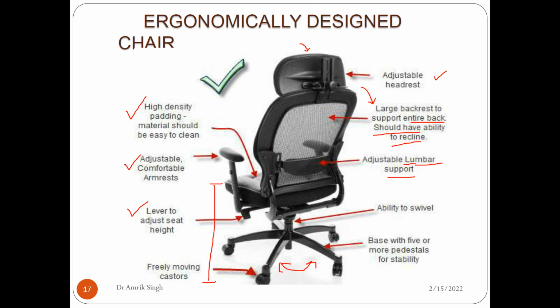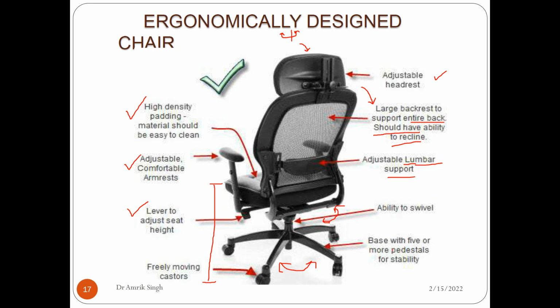You know that there is a lumbar bone in our backbone. That is very important for keeping our back straight and comfortable. So this adjustable lumbar support should be there according to the height of the person. Now there should be the ability to swivel. That means the base of the wheel should also rotate, and this chair should also rotate around the vertical axis.